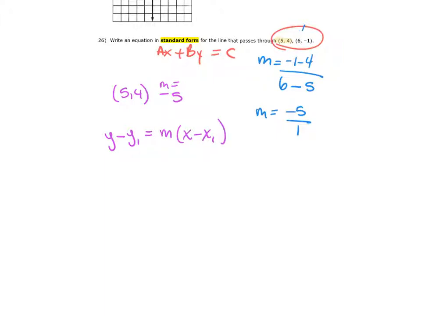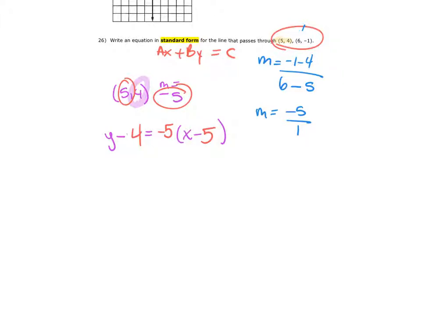So all I have to do is substitute y1, which is 4, and slope, which is -5, and x1, which is 5. I have a point slope formula.